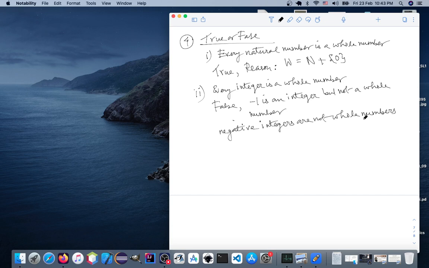So negative integers are obviously integers, but they are not whole numbers. This is a better reason. So definitely, every integer is a whole number is a false statement.